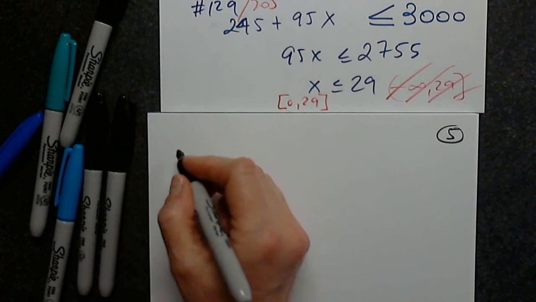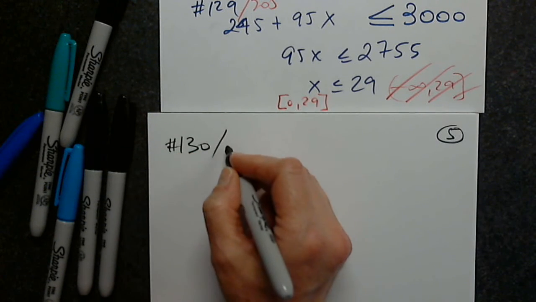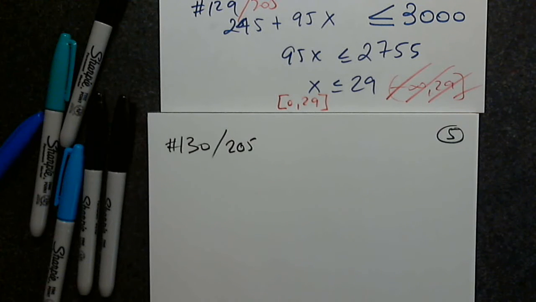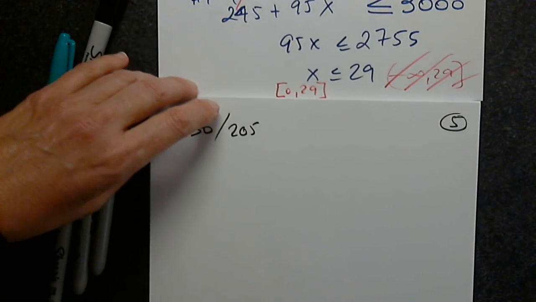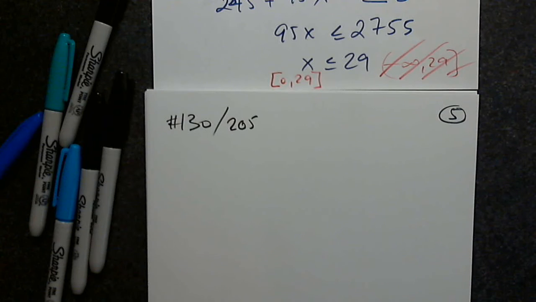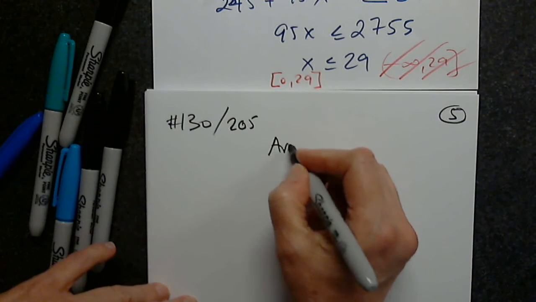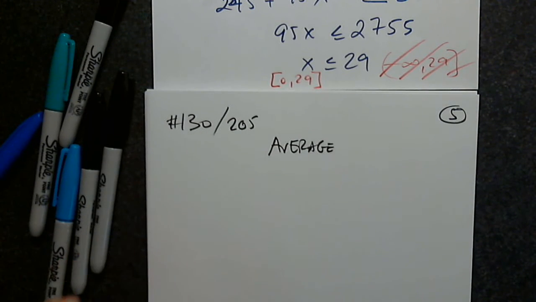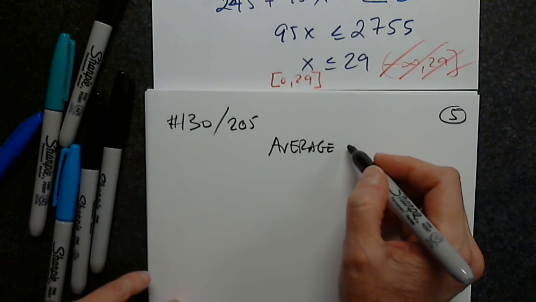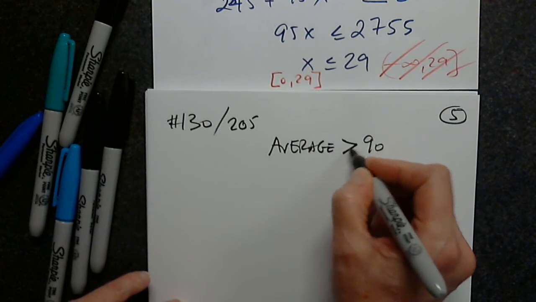Okay. So in 130, same page, 205, we're told, to earn an A in a course, you must have a final average of at least 90%. Exactly.